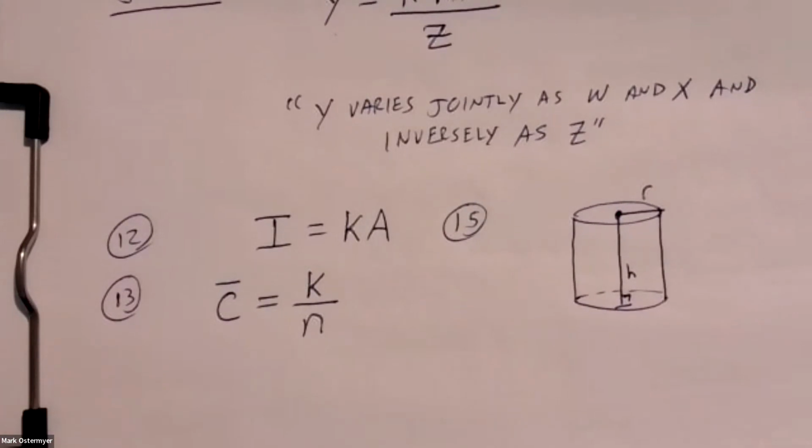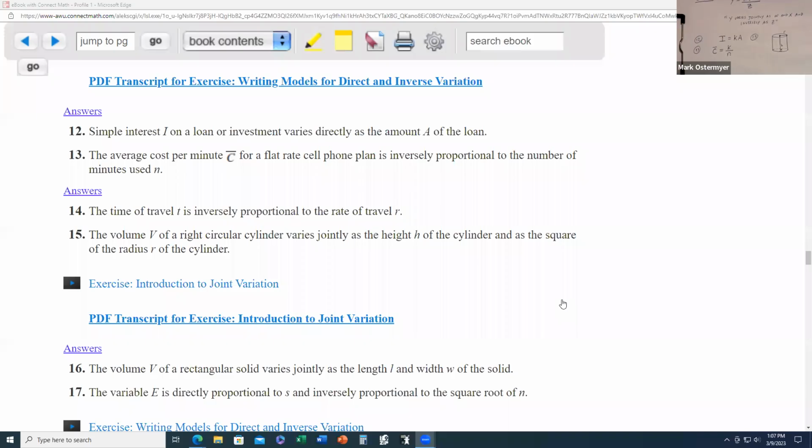According to number 15, the way it reads is, the volume V of a right circular cylinder varies jointly as the height H of the cylinder and as the square of the radius of the cylinder. How are we going to write this joint variation using an equation?